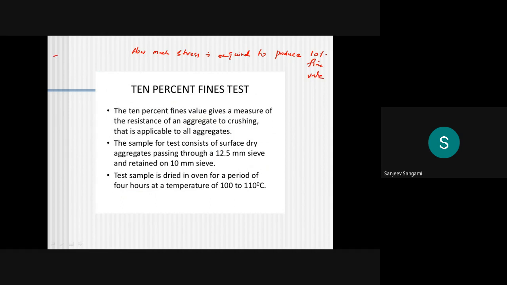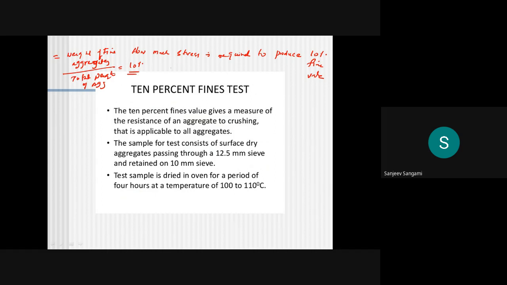Normally it is given by the weight of fine aggregates to the total weight of the aggregate. Total weight of the grade. So this should be equal to 10%.